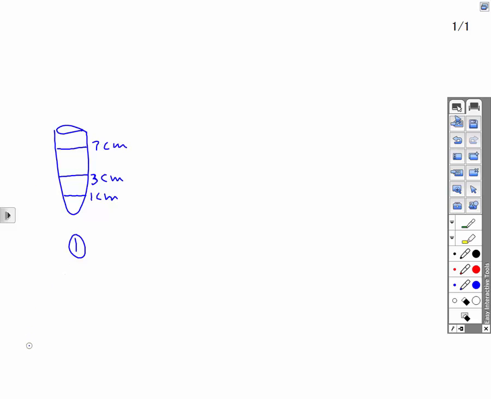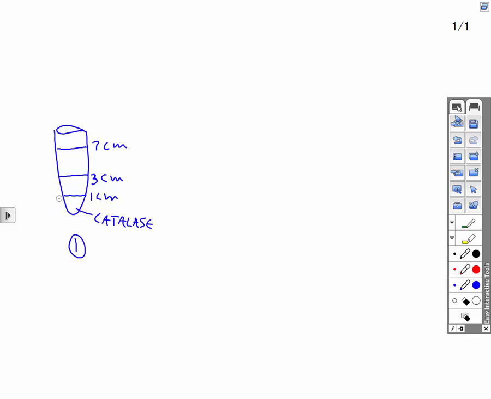Okay, and so then it says fill each tube with 1 centimeter of catalase. So we have 1 centimeter of catalase in the first centimeter, and then fill to the second mark.